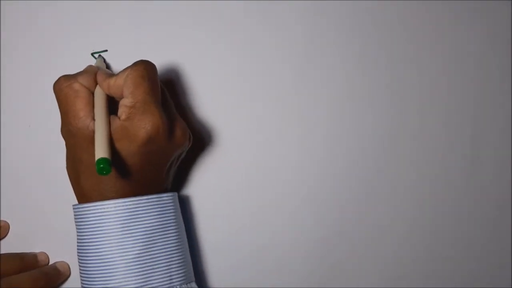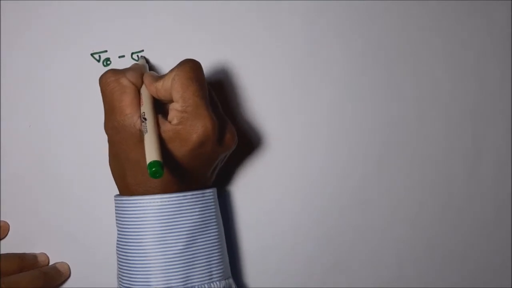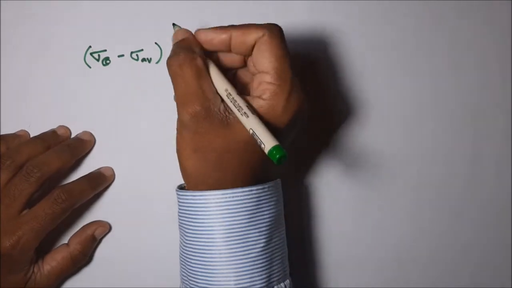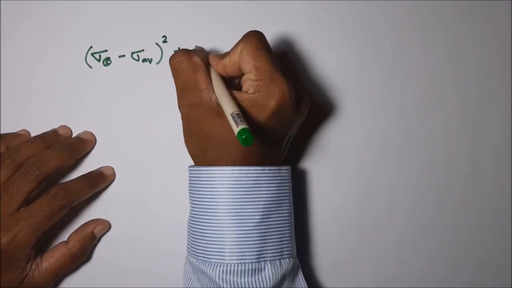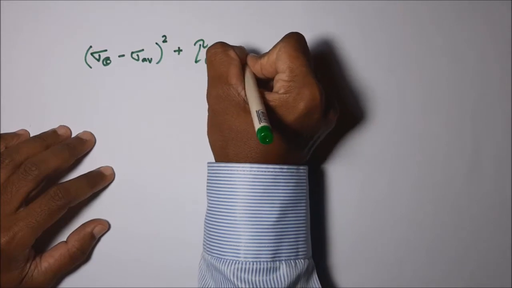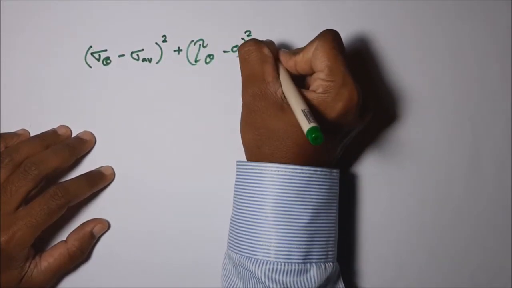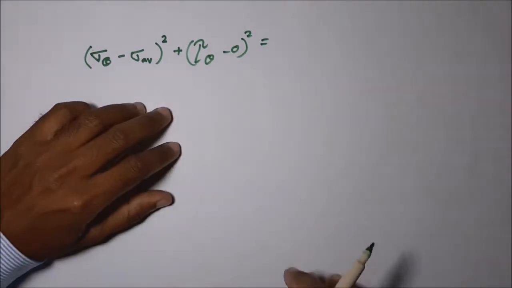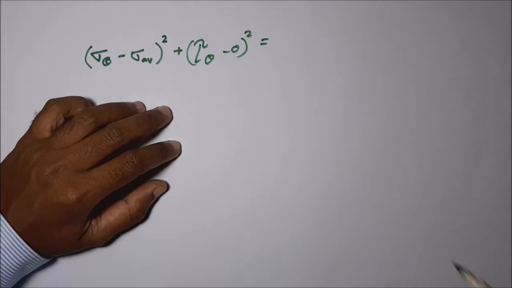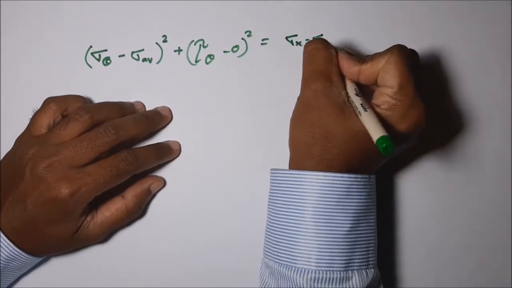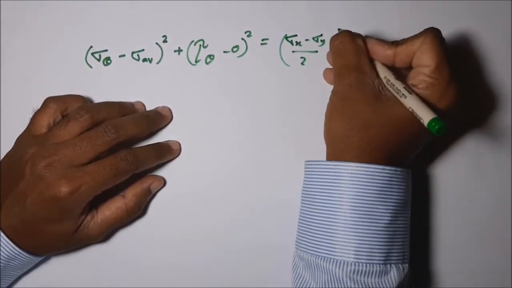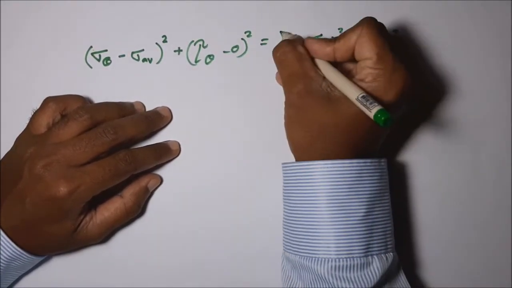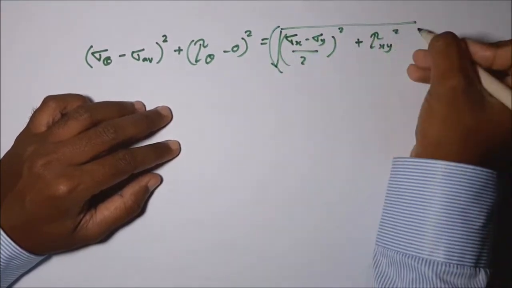We found sigma theta minus sigma average, squared, plus tau theta minus 0, squared, is equal to sigma x minus sigma y divided by 2, squared, plus tau xy squared.